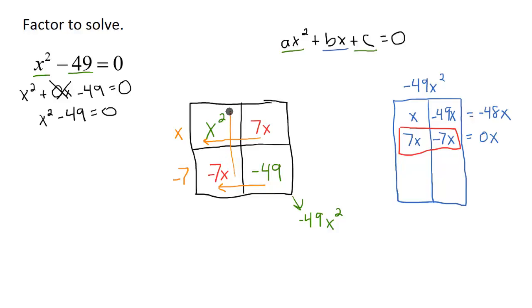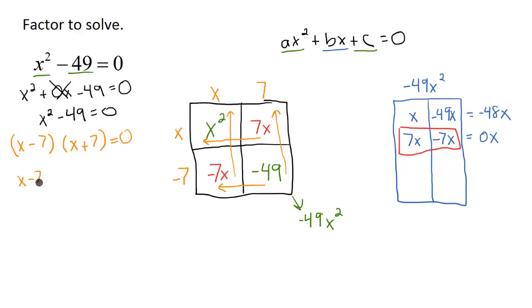I do the GCF between these two terms, which is going to be an x. And then the greatest common factor between these two terms, 7x and -49, is just an x. And these are going to be my factors. So I'm going to write my factors of x minus 7 and x plus 7, which equals 0.